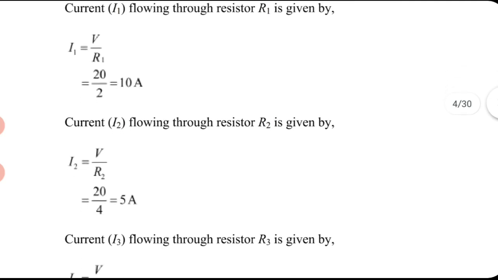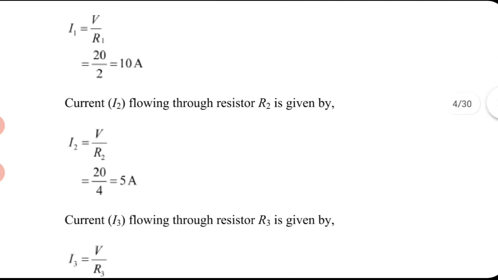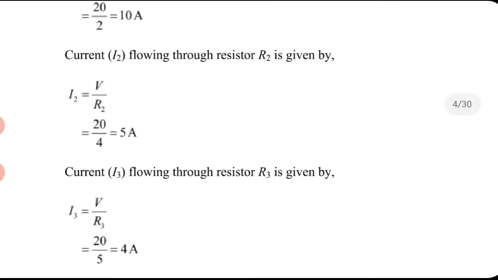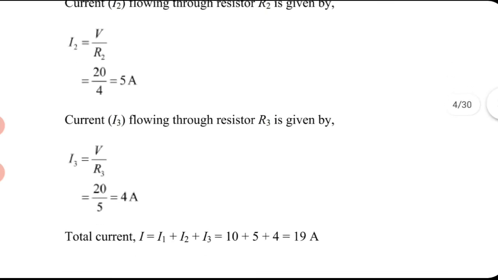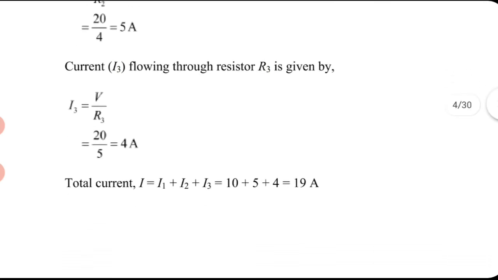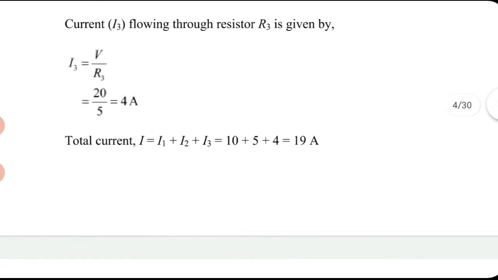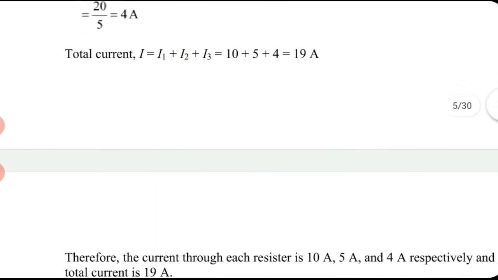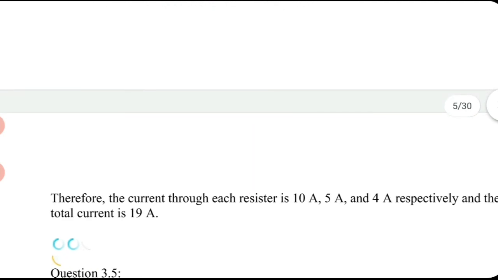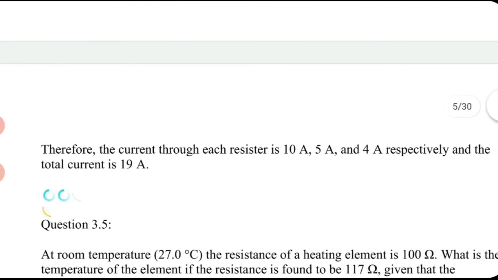Through the second resistor the current will be 20 by 4, that is 5 ampere, and through the third resistor it will be 20 by 5, that is 4 ampere. So that way we are getting the sum as 19 ampere, or otherwise 20 by 19 also will give you 19 ampere. So total current flowing through the circuit is 19 ampere.